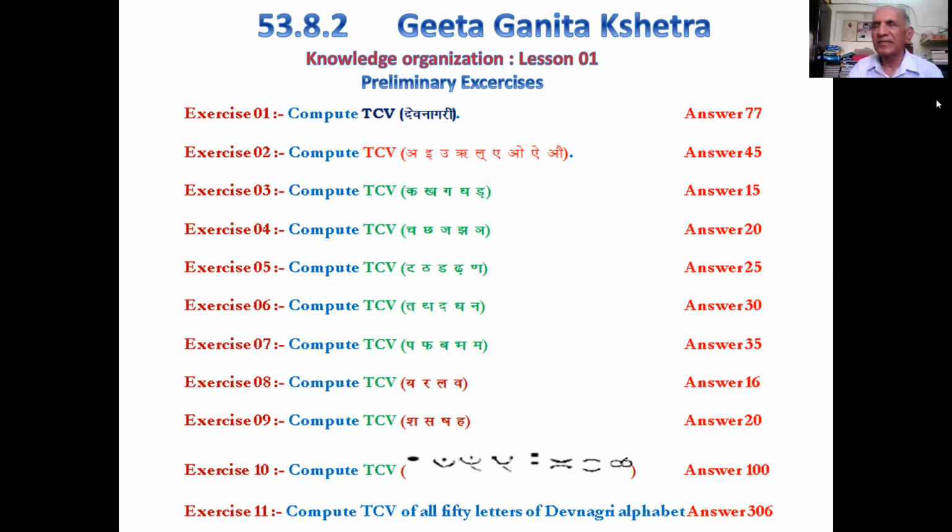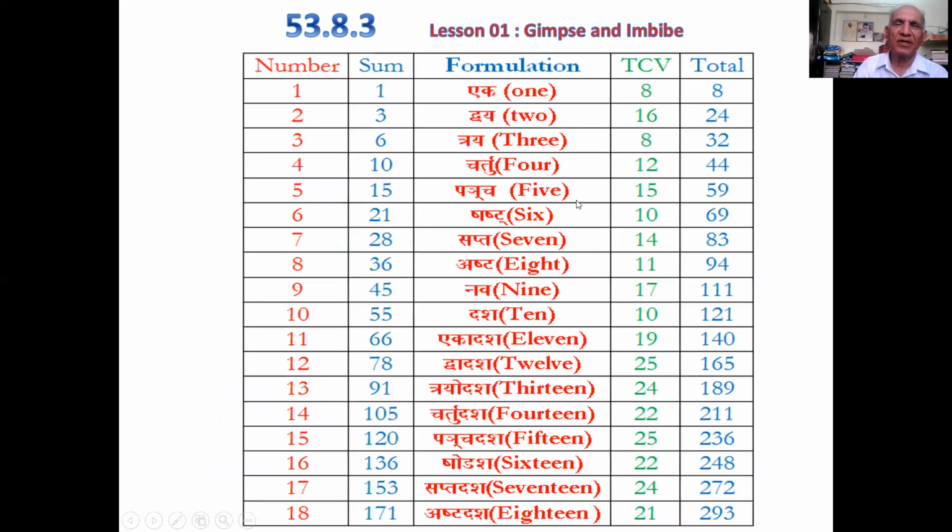The next step in respect of this lesson is that one shall tabulate numbers 1 to 18, then as is in sum up 1, 1 plus 2, 3, 1 plus 2, 3, 6, and like that. And then also, as is in column 3, one shall reshare the formulation.